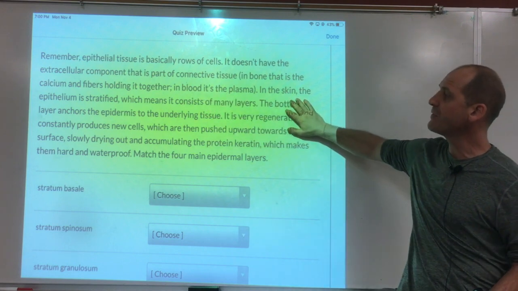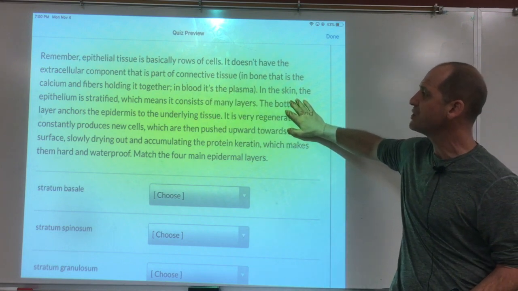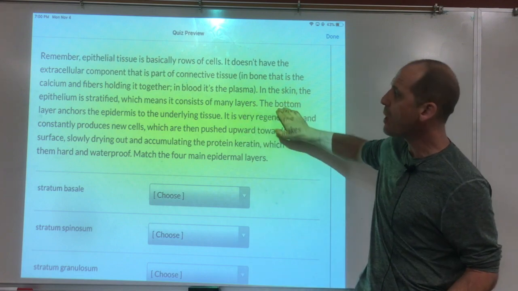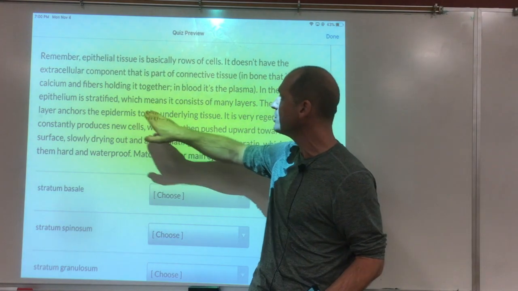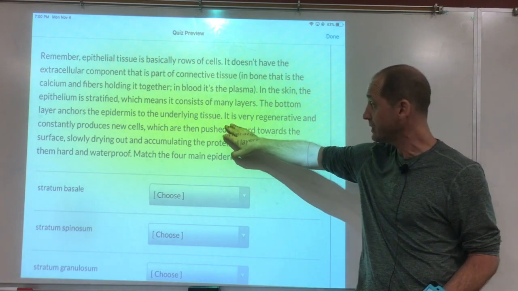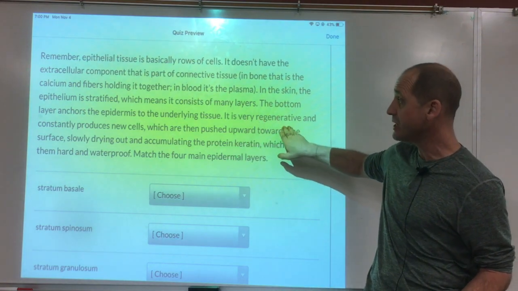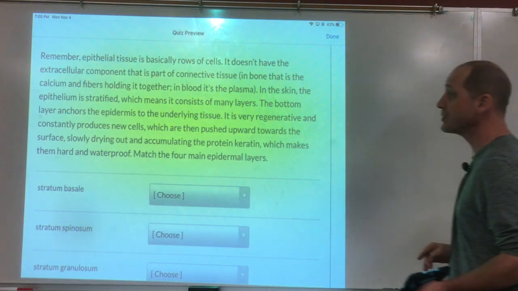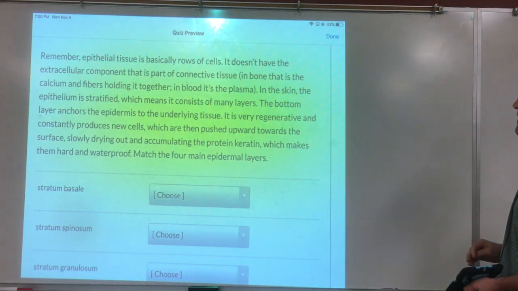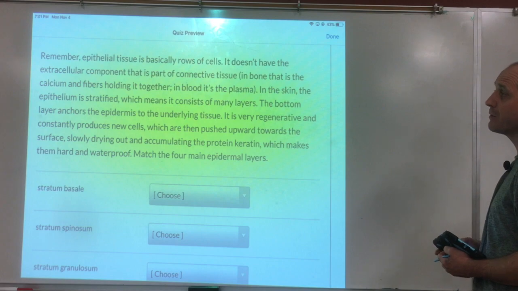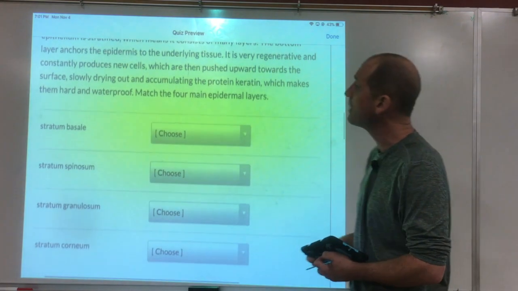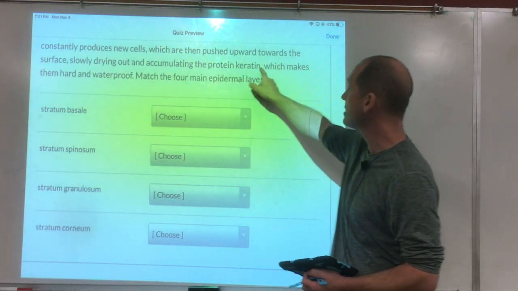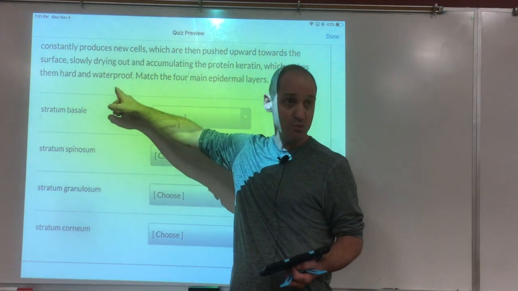In the skin, the epithelium tissue is stratified, which means it consists of many layers. The bottom layer anchors the epidermis to the underlying tissue, which is that dermis. It's very regenerative and constantly produces new cells, which then are pushed upward towards the surface, slowly drying out during that process, accumulating keratin, which makes them hard and waterproof.